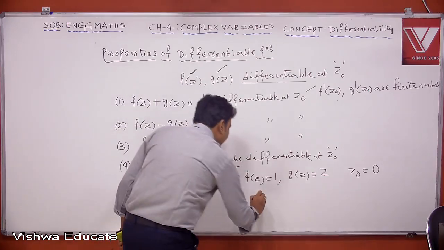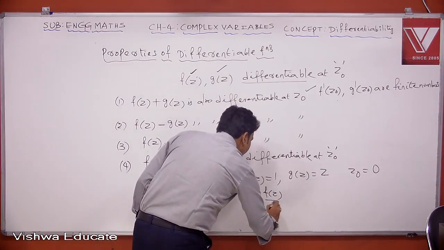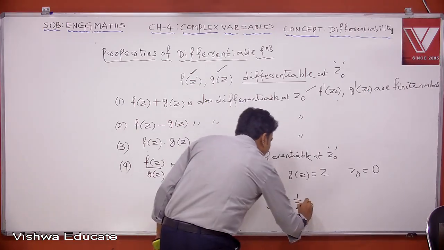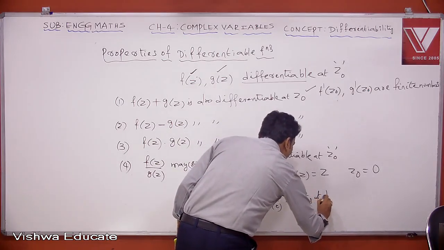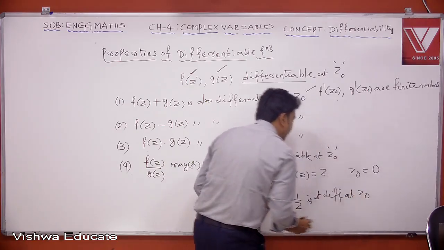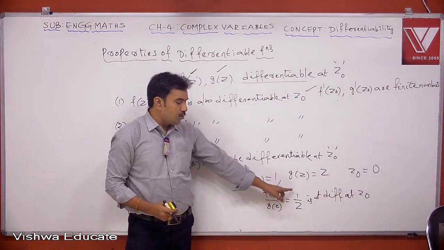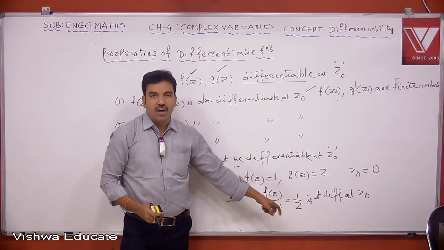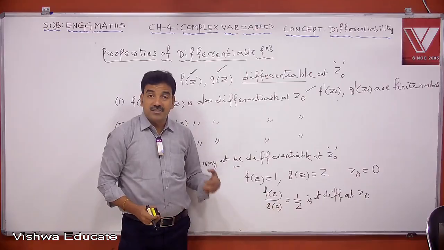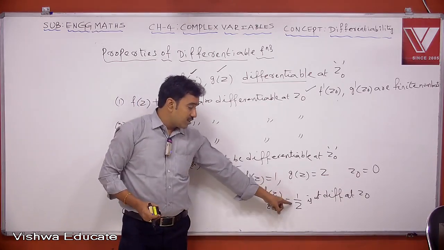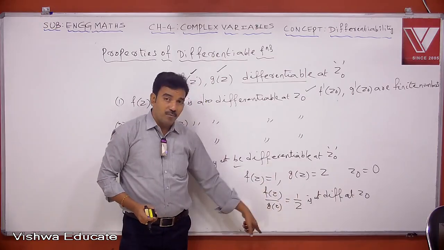When you look at the ratio f of z by g of z, the result is 1 by z, which is not differentiable at z0 because 1 by z is not defined when z is 0. When the function is not defined at 0, how it is differentiable? The function itself does not exist when z is 0. So ultimately, we cannot say it has derivative at the point 0.